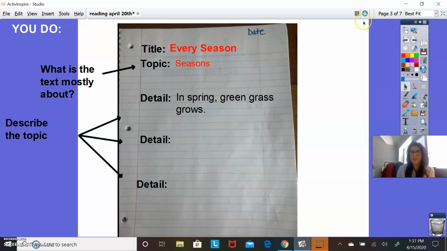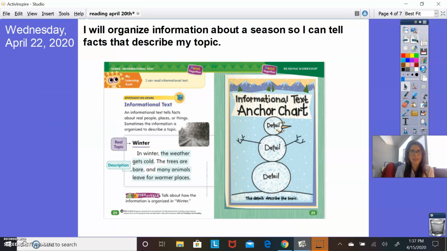So that was Monday. On Wednesday, we were going to create our own informational text. Just like someone created this winter informational text, you were going to create your own. You were going to organize information about one season so that you could tell facts about that season.